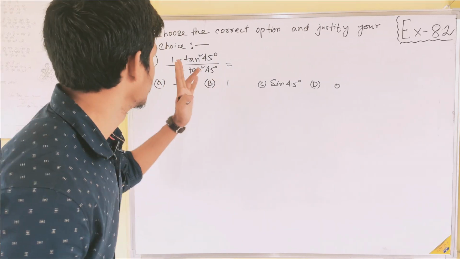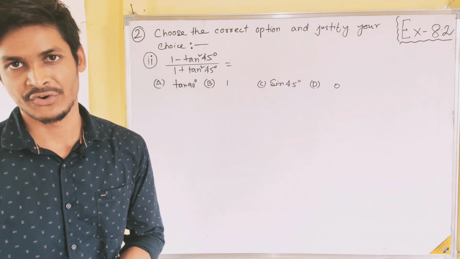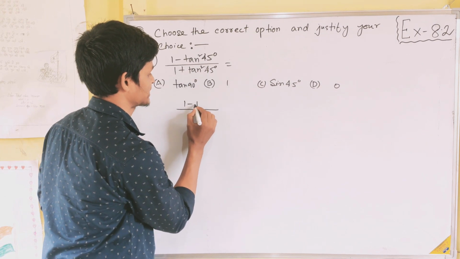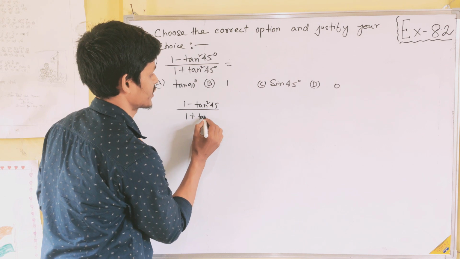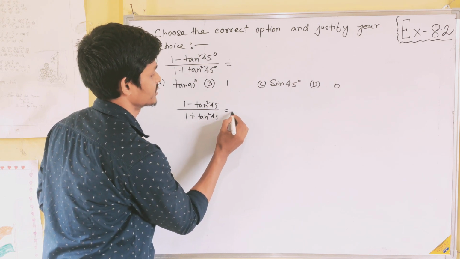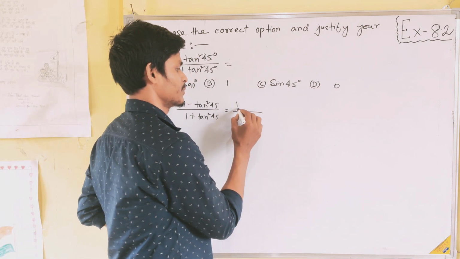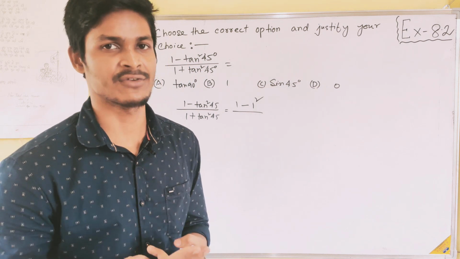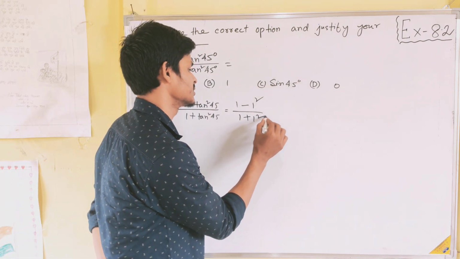Now the next one: 1 minus tan square 45 degree over 1 plus tan square 45 degree. You have to choose the correct option. What is the value of tan 45? Tan 45 is 1. So in place of tan square 45 degree, you write 1 square, and in the denominator also 1 plus 1 square.